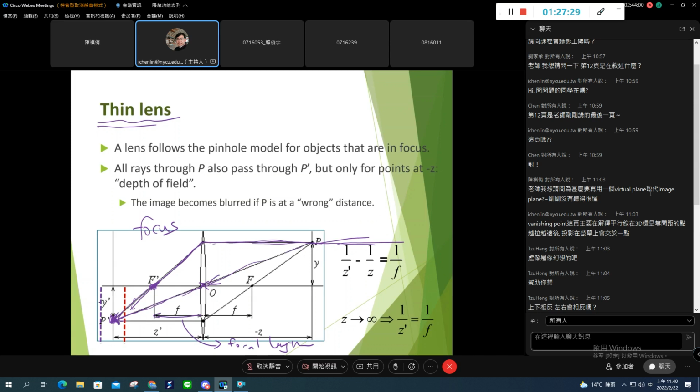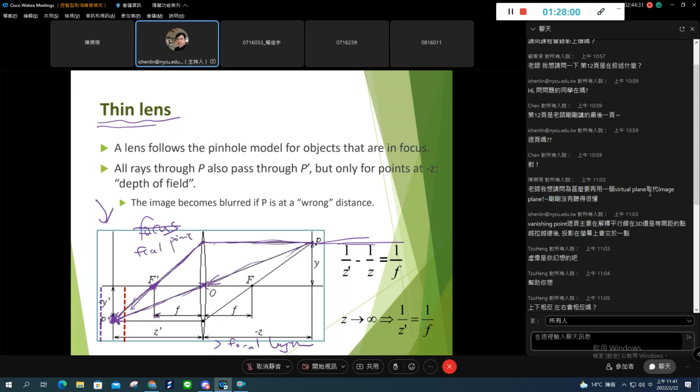And again, the light can be reversed, right? So the parallel line will go from this point back to P here. Through this intersection, we can estimate where the focus is. Oh, sorry, this is the focal point.